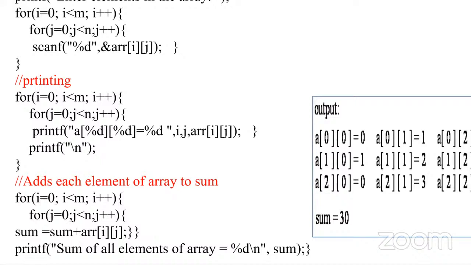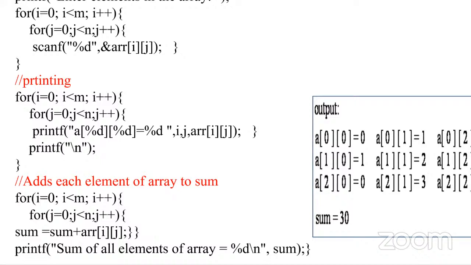Whenever I value is 0, the condition is checked here. What is the condition? I less than m. 0 is less than, what is the m value? 3. So 0 is less than 3.